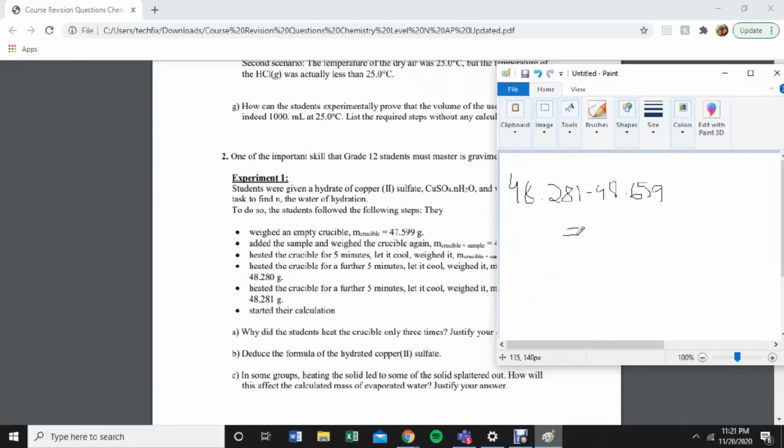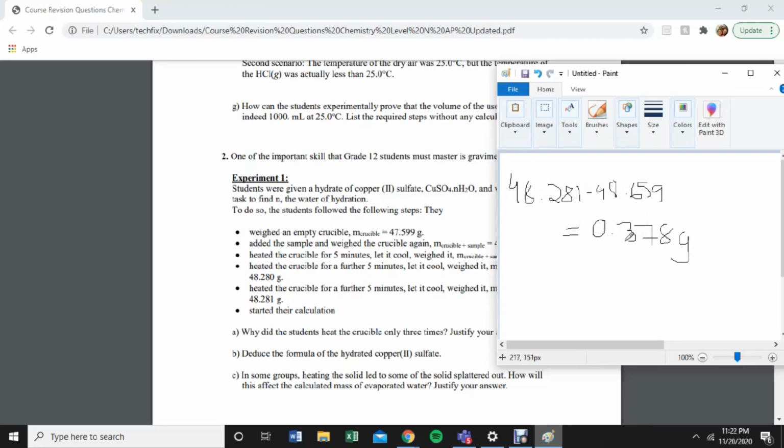Oh, sorry, it's supposed to be the other way around in the subtraction: 48.659 minus 48.281, you get 0.378. That is the mass of water evaporated.